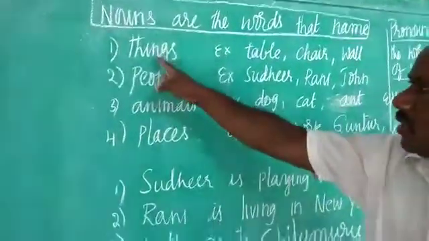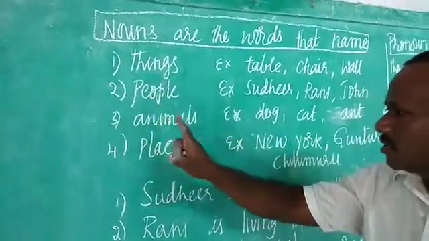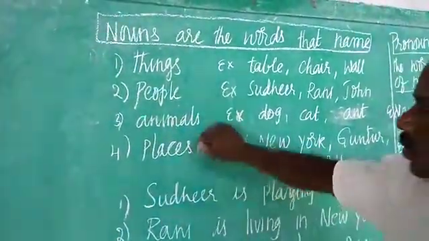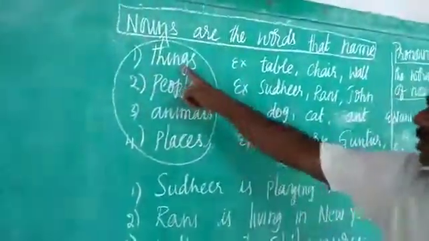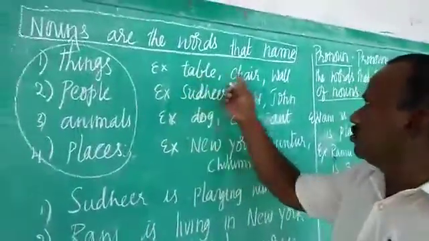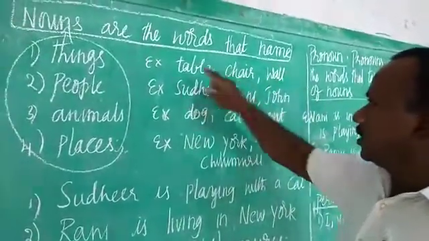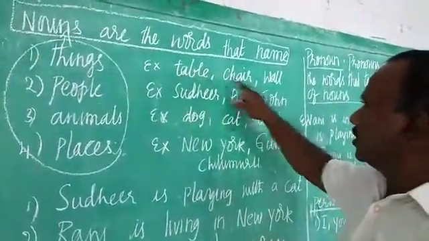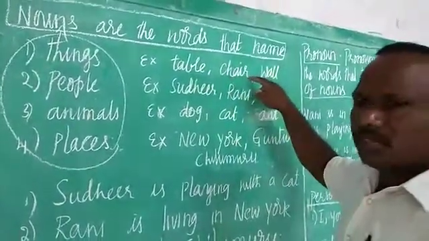See here, children, things, people, animals, places, all these will come under nouns. When you talk about things, you can take table, chair, wall, desk, pen, etc. These are not having life, so such words we call them as things, children.